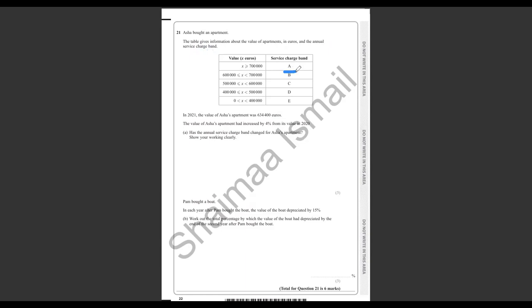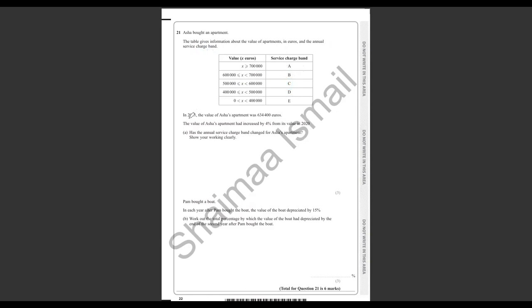The one who lives in the middle of the city may have a higher apartment value than the one who lives in the rural area away from the city. And that is the service charge band. The one who lives away pays less than the one who lives in the city center.